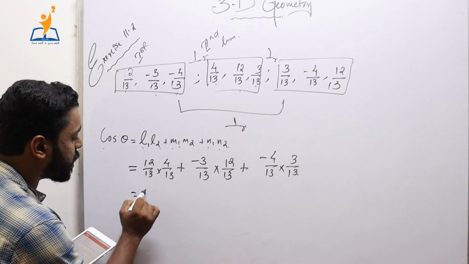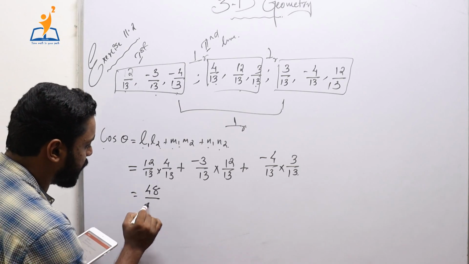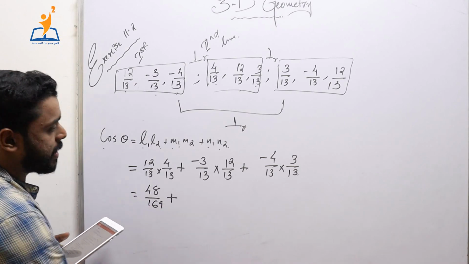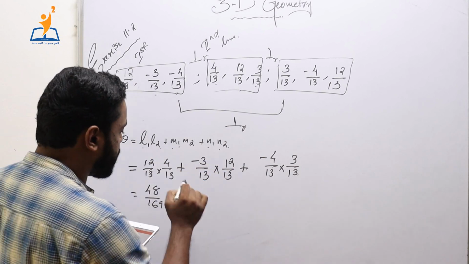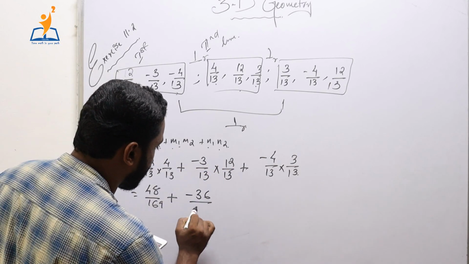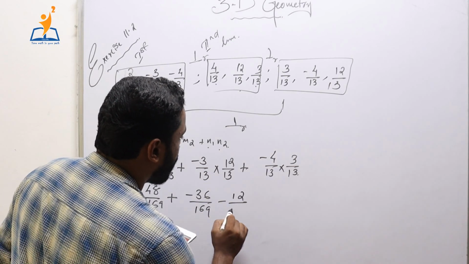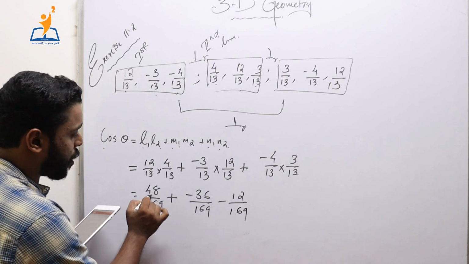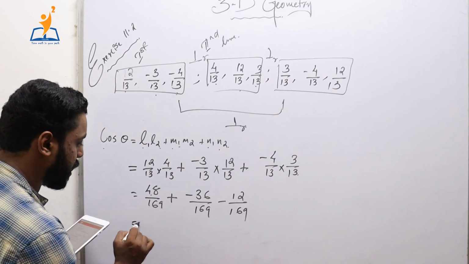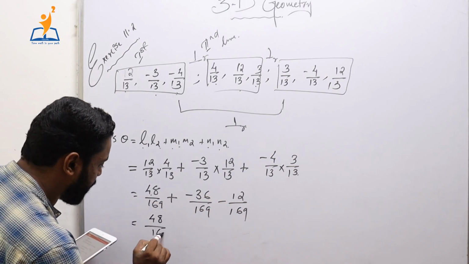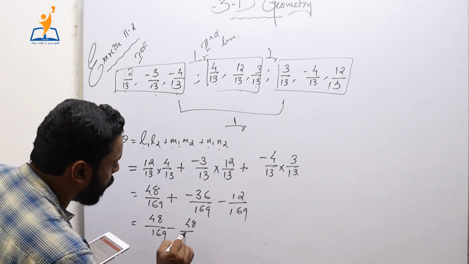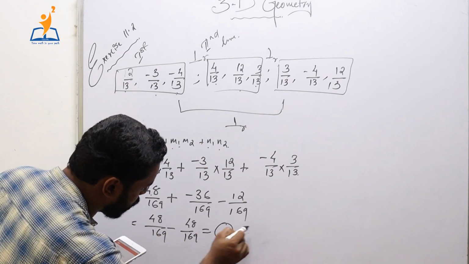Now 12 into 4 is 48, 13 into 13 is 169, plus -3 into 12 is -36 divided by 169, minus 4 into 3 is 12 by 169. See, 48 minus 48, it will become 48/169 minus 48/169, which is equal to 0.